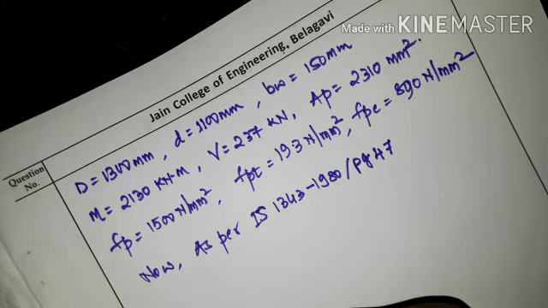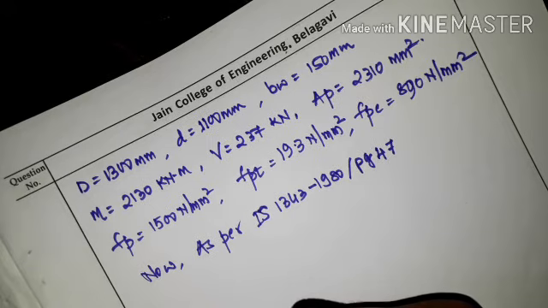So we have to understand the first formula and second formula. The second formula is given when the section is subjected to both moment plus shear. The first formula is to find the shear resistance where the moment is not there. So with respect to that, we have to refer to the formula.